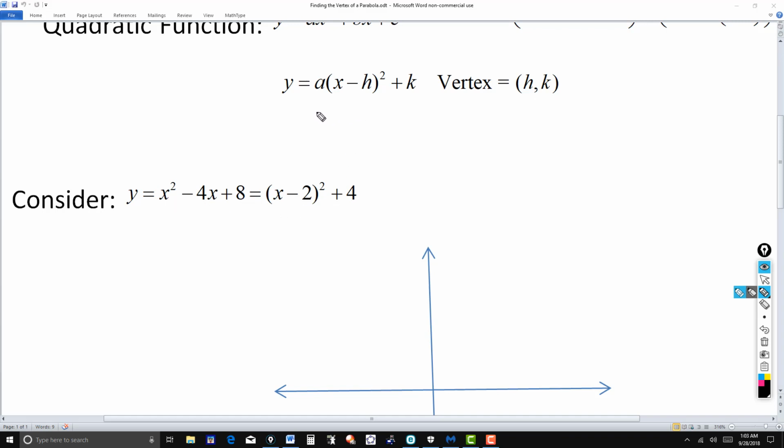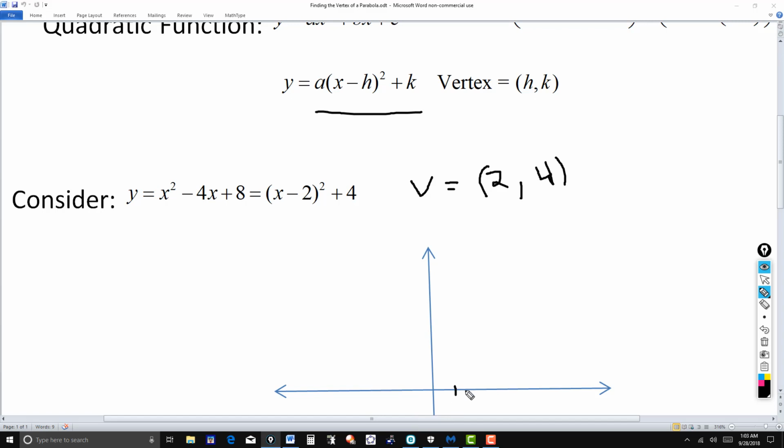If I use this form right here, then this tells me that the vertex, I just used V for vertex, is going to be, and here h is 2, and k is 4. So the vertex would be at (2, 4). And then we would plot that point.